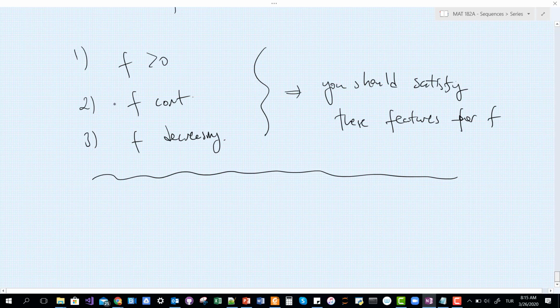If you need to apply the integral test, I just want you to apply the integral without including these features. So let's look at some examples. The first example is this one, which I just showed you. So I'm asking if it is convergent.